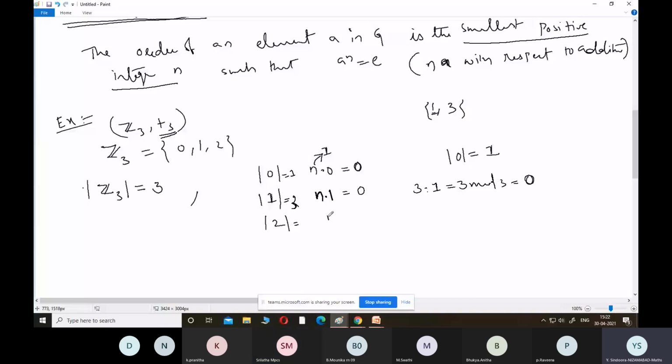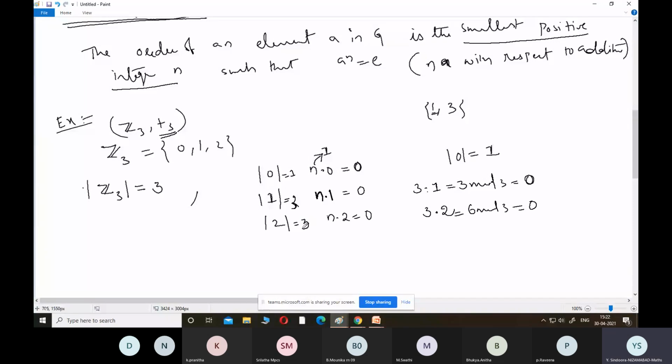In place of n, what am I supposed to substitute? 3, madam. It should be 3. Very good. Why? Because 3 into 2 is nothing but 6, but 6 modulo 3 is 0 for us. So that is why order of 2 is equal to 3 for us.